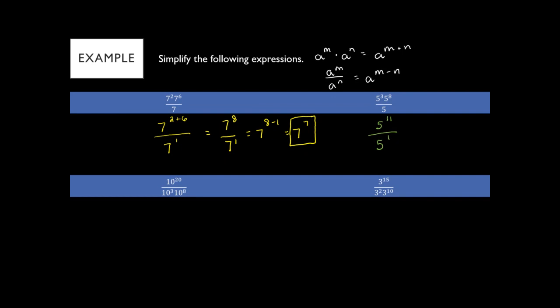And then I'm going to subtract my exponents, top minus bottom. 11 minus 1 is 10. So we're going to get 5 to the 10th here. And I don't know what 5 to the 10th is on my calculator, and I don't really care to have to figure that out. It's a lot easier leaving it as an exponent.